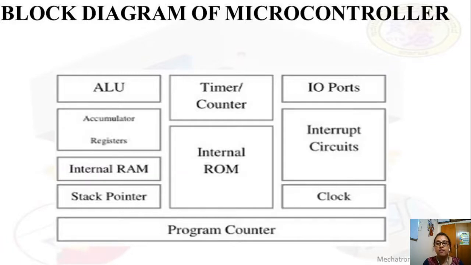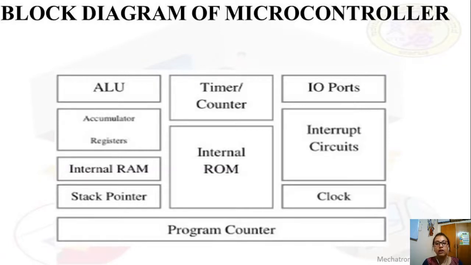Okay, so this is the major difference between a microprocessor and a microcontroller. In a microprocessor, only the CPU will be there. Other devices, memory, input-output ports and any other peripheral devices have to be connected externally.